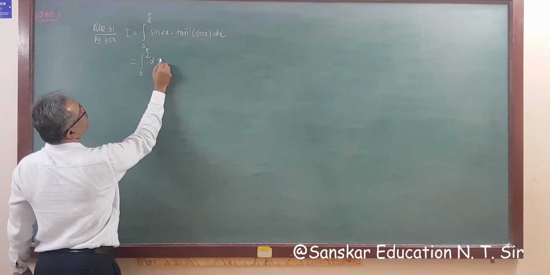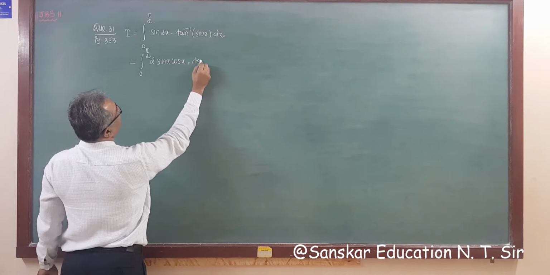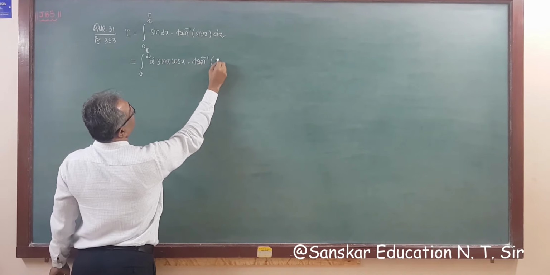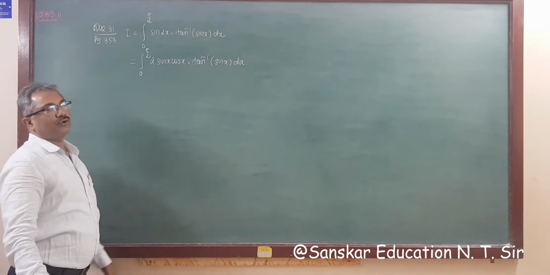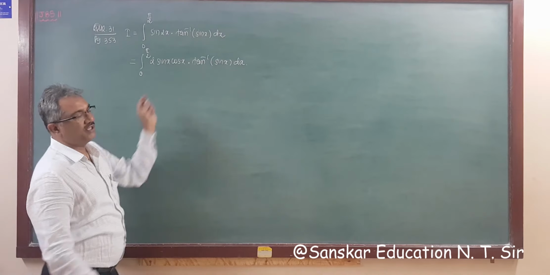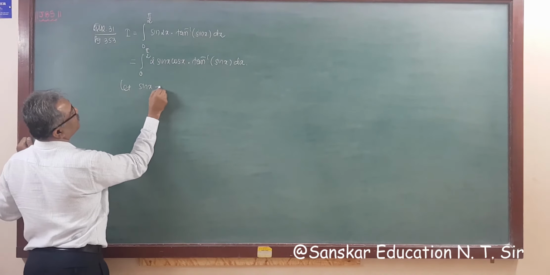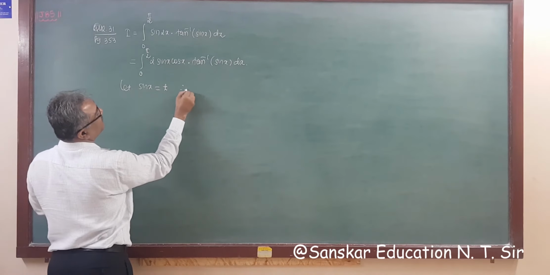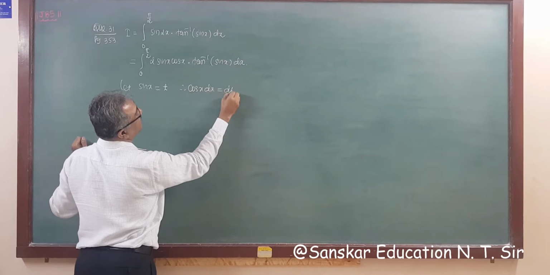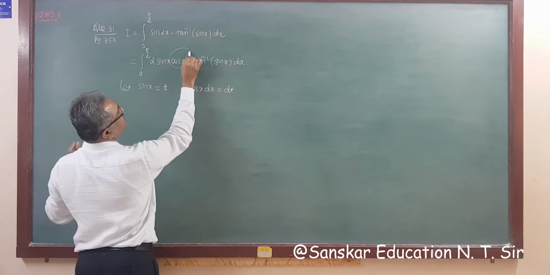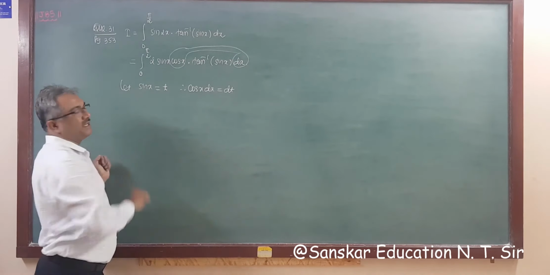So this is 2 sin x cos x, and this is tan inverse sin x dx, right? So let sin x is equal to t, then the derivative of this is cos x dx is dt. So this cos x and this dx is your dt now, right?